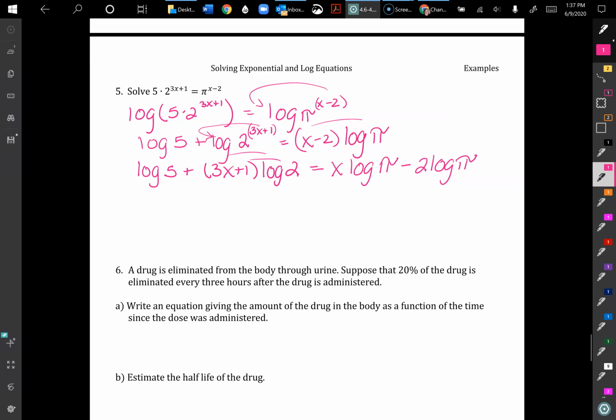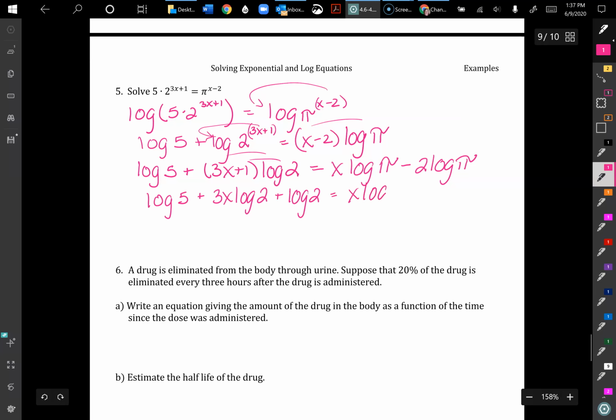You can kind of do that as you go once you get used to these, but I'm going to do it in a separate line. Log 5 plus 3x log 2 plus 1 times log 2, so it's just log 2, equals x log pi minus 2 log pi.